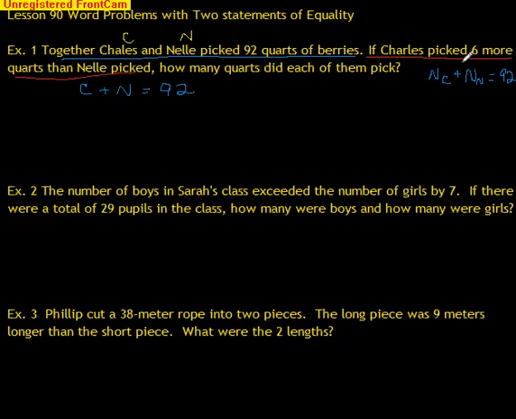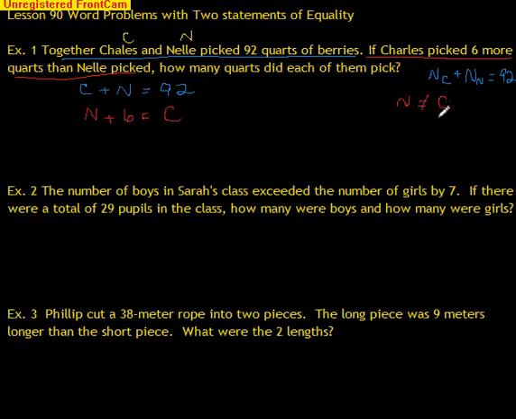If Charles picked 6 more than Nellie picked, we don't want to say that the number of Nellie equals the number of Charlie. That's not true. Charles picked 6 more. So in order to make the equation balanced, we're going to need to add 6 onto Nellie to equal our Charles. You see that?